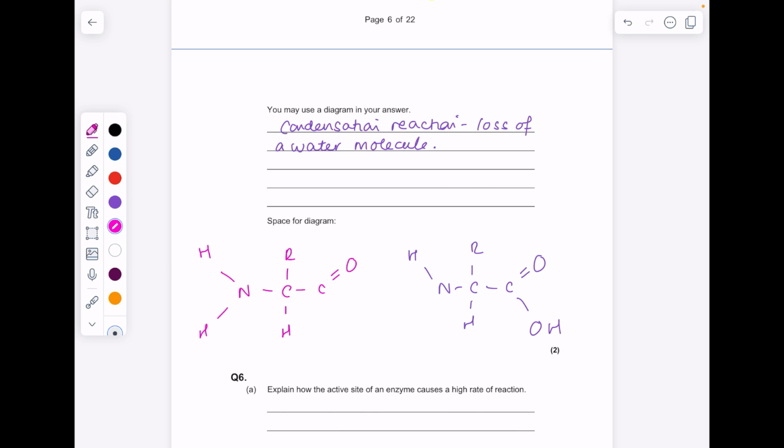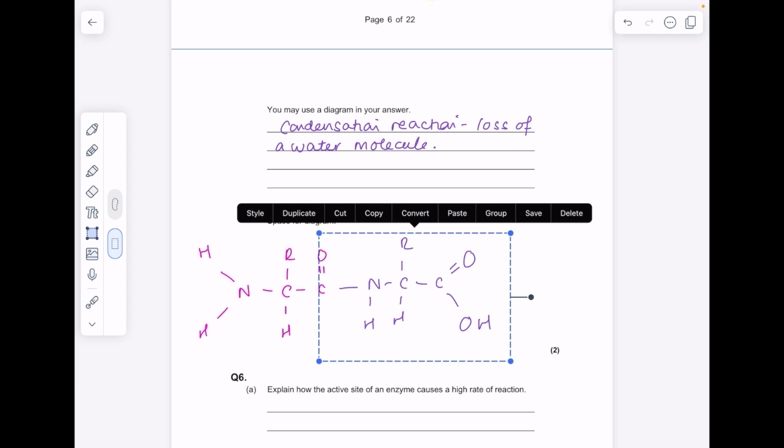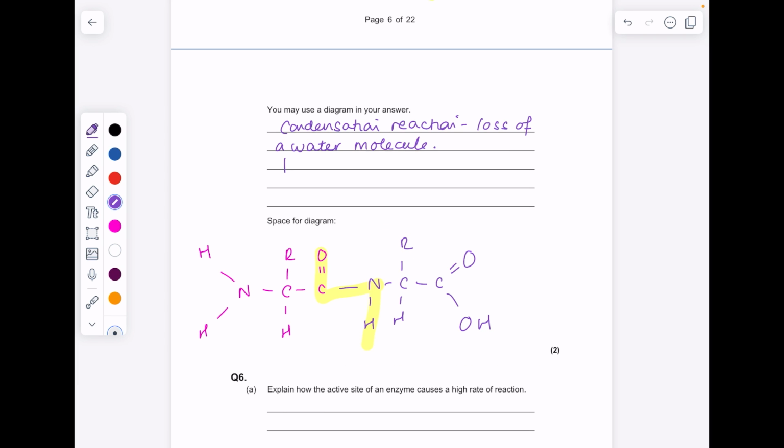So just to show that a bit more neatly, let's just move this amino acid along, and this is what we call our peptide linkage or peptide bond.